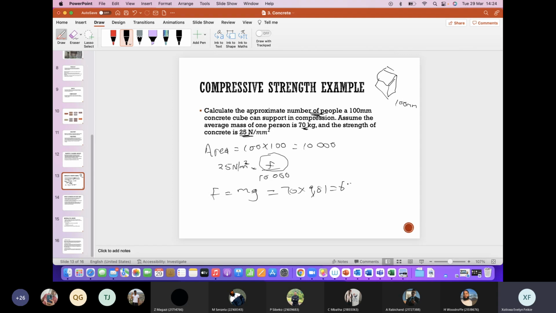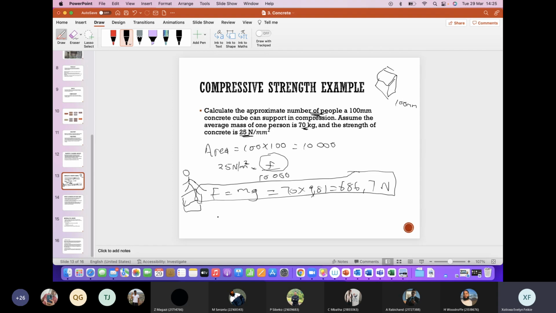So here you'll get 686.7 newtons, right? Because here, that's what you have. So you have this value in terms of newtons. So this is a force that an individual person exerts on that particular cube, one person. But they said it's not only one person, the force is that amount. But we don't know in terms of force, how much can this cube hold? That's what we need to find out.